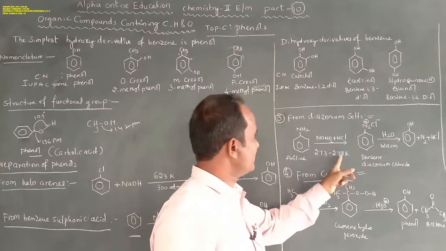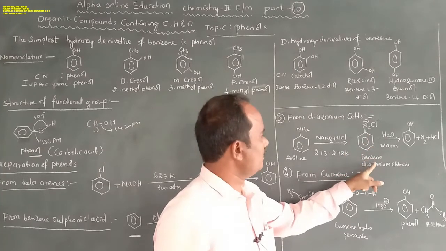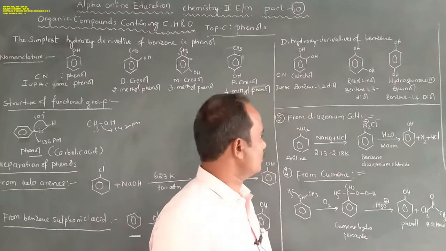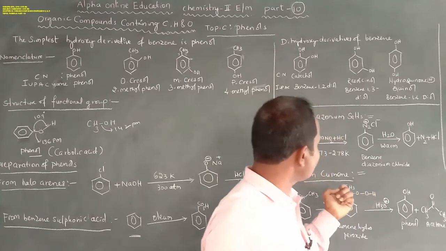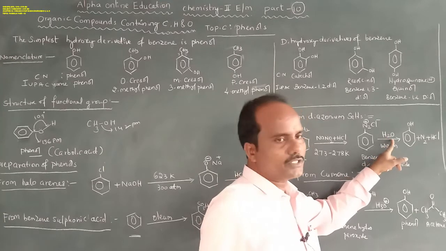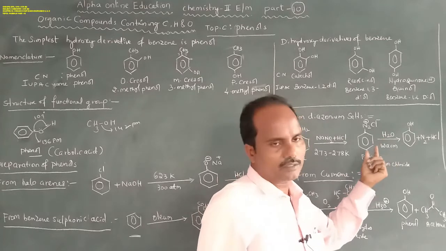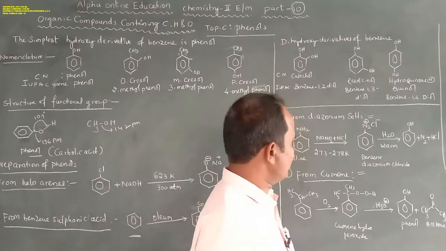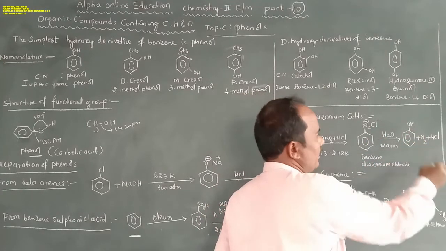Then diazotization takes place, and benzene diazonium chloride is formed. This benzene diazonium chloride is treated with warm water, that is, acid hydrolysis. Then phenol is formed.